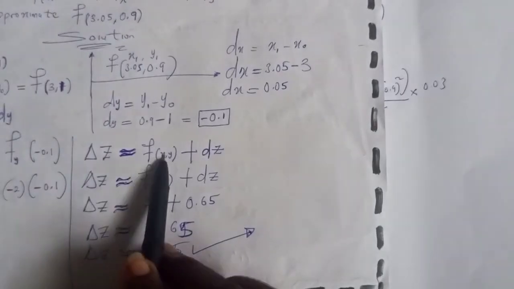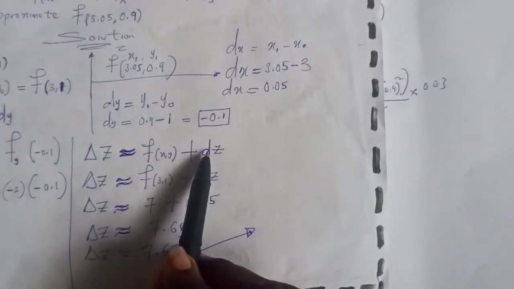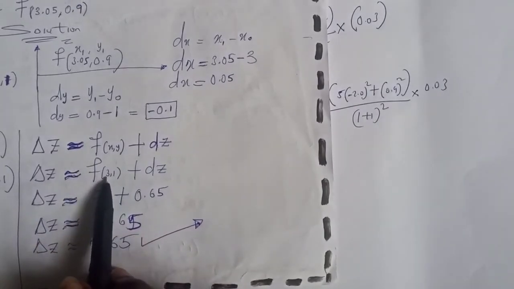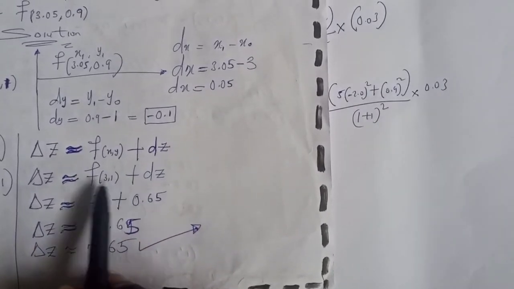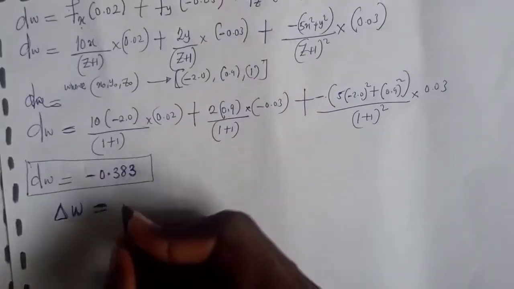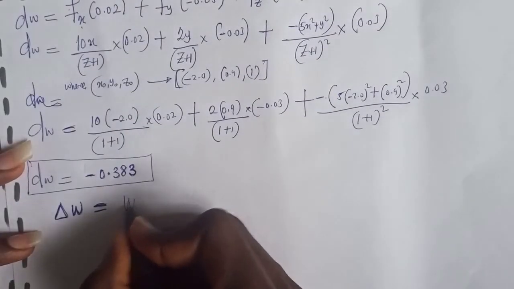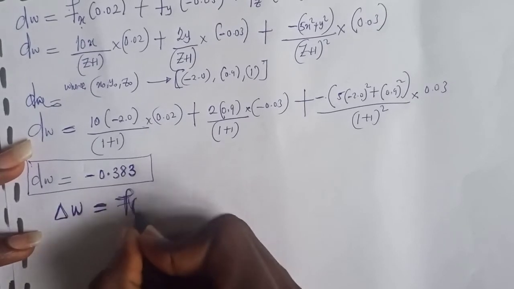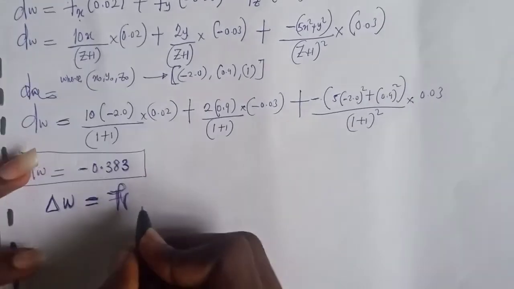Change in z equals f of x comma y, then plus dz. Here, f of x comma y is just like saying f of x not, y not. That's f of the initial, f of 3 comma 1. So our own initial guess is what we put here, f of x not, y not, z not. That's the initial guess.